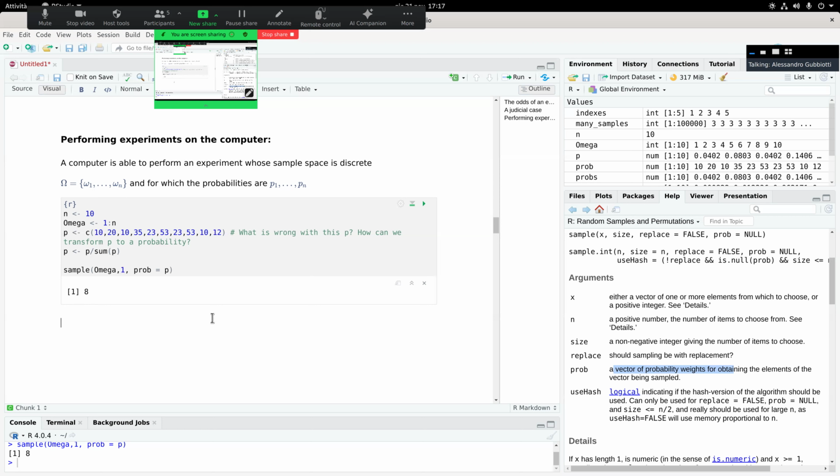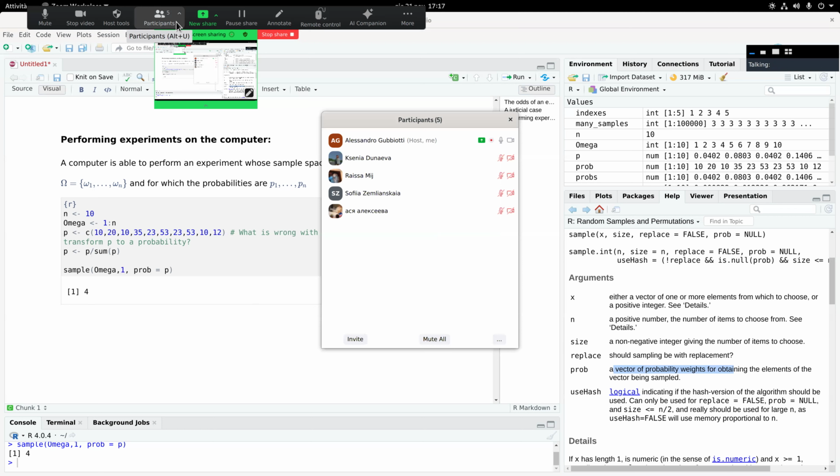This is nice, and we can check many things. For instance, let's do an exercise. I don't know if you have RStudio there to do some computations.